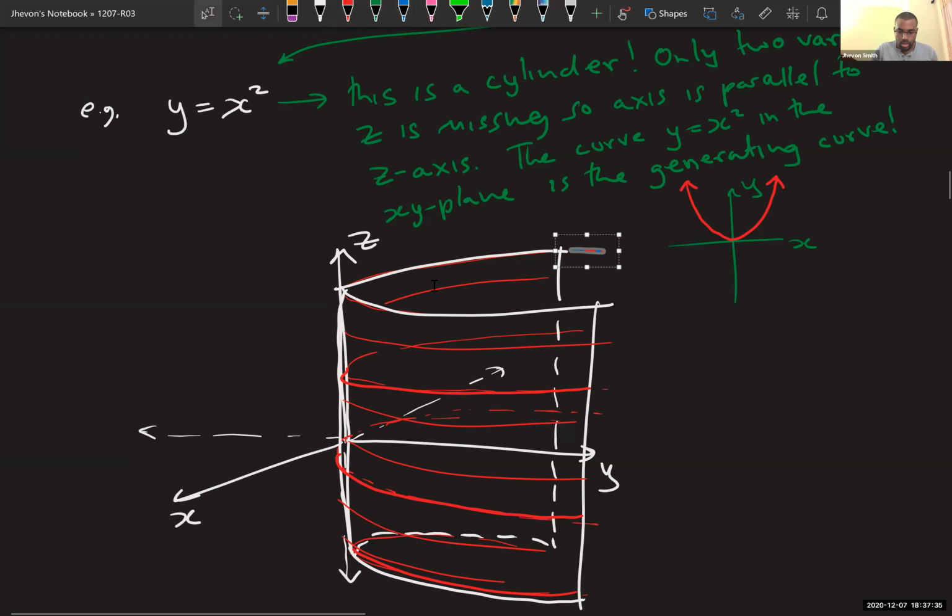I'm thinking I should have done these ones in another color. Is that going to work? Maybe this might work.